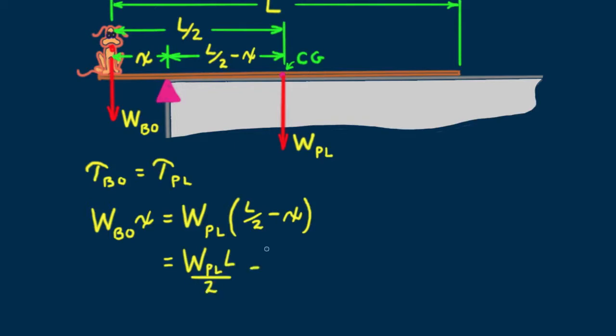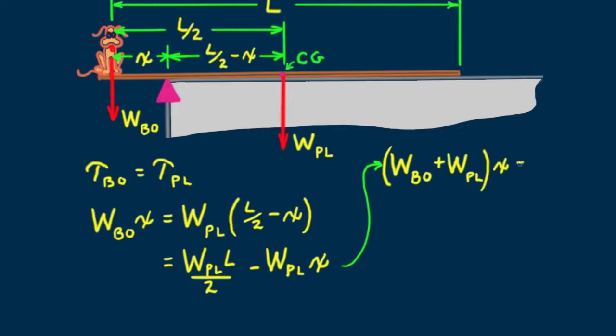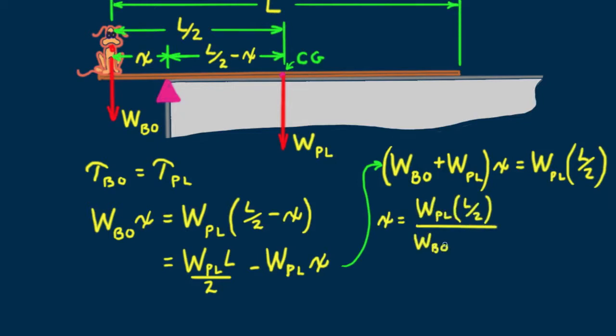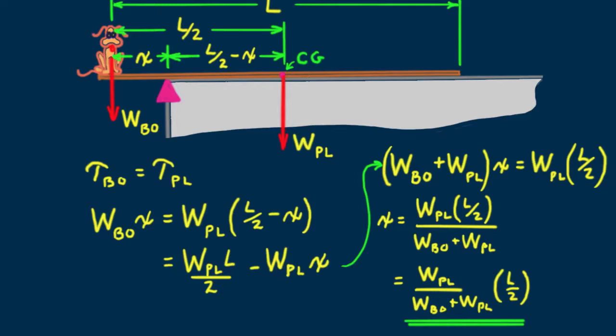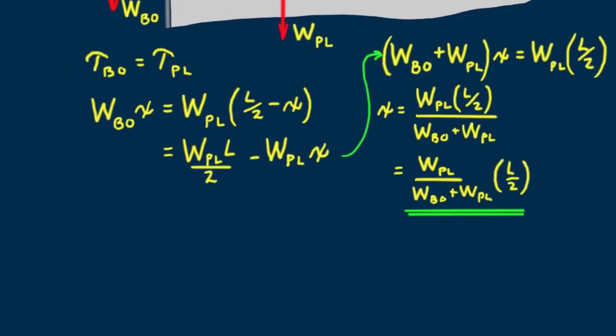Doing a bit of math, we see that Bo can safely overhang the building's edge a distance equal to the plank's weight divided by the sum of the two weights times L/2. Beyond this distance, toppling occurs.